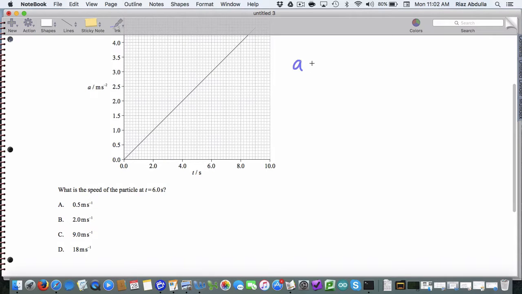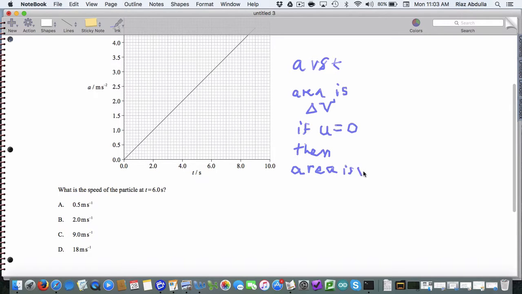If we have acceleration versus time, the area is the change in velocity. Since the initial velocity u is 0, the area is v.